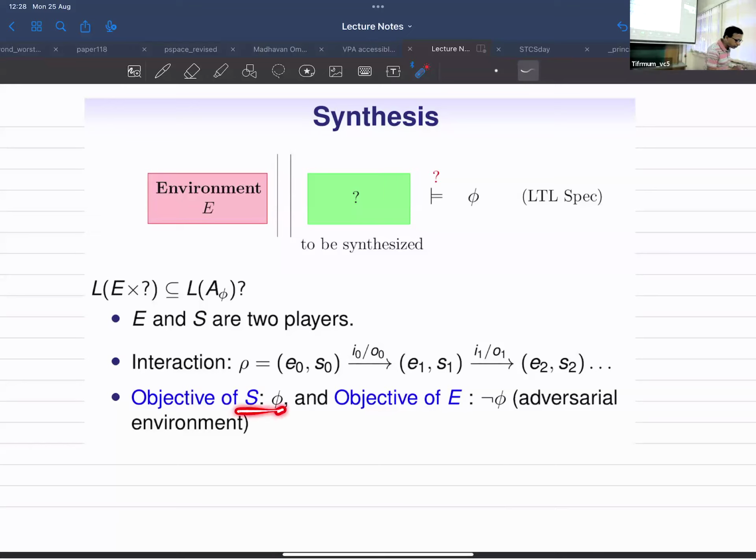The objective of the system is the specification phi. The objective of the environment is the negation of phi. Okay. So it's a two-player game. We call it a two-player zero-sum game. Why is it zero-sum? Because if, for example, the system wins, then the environment loses, and vice versa. So it's a zero-sum game.